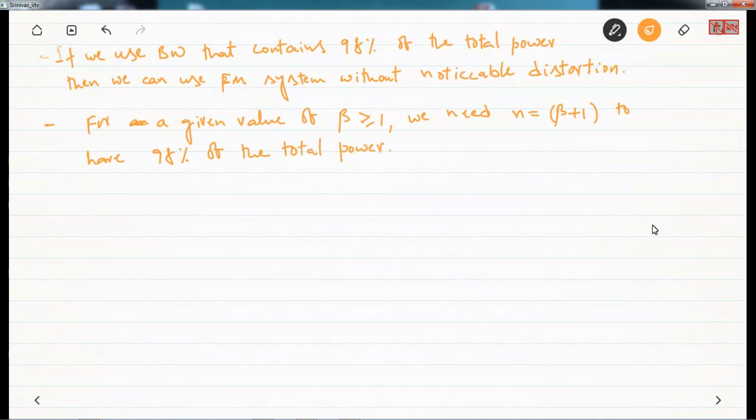That means, see, this is half Ac square, right? This is the total power, the sum from n equal to minus infinity to plus infinity of Jn square of beta, right? This is the total power.